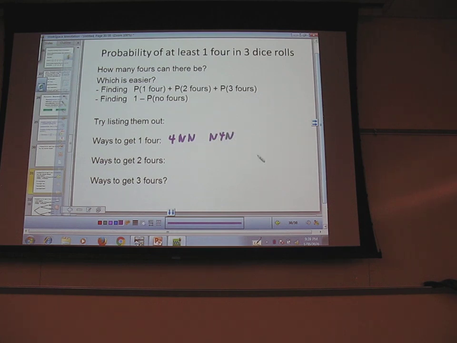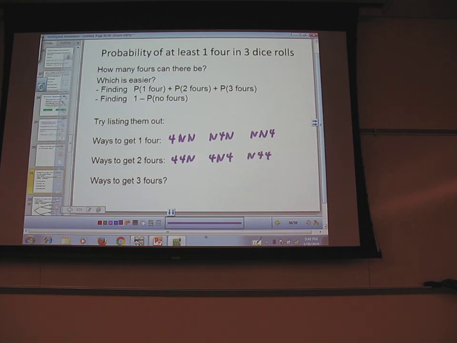Everybody on board? So the first roll was not, the second roll was, the third roll was not. What's another way of getting exactly 1 4? Not, not, then a 4. Good? 3 rolls. Okay, how many ways can I get 2 4s when I roll the dice? 4, 4, and then not? 4, not, 4. Not, 4, 4. And?